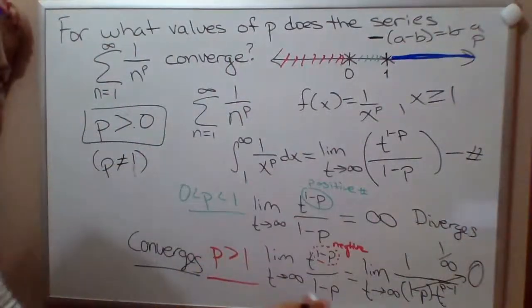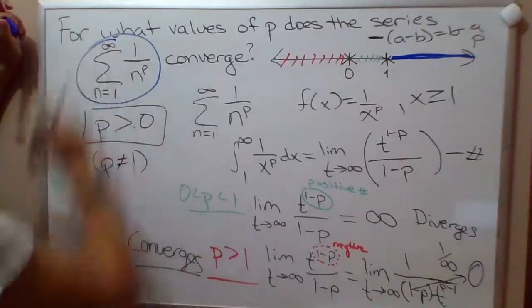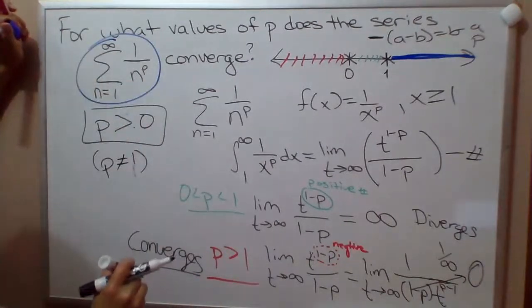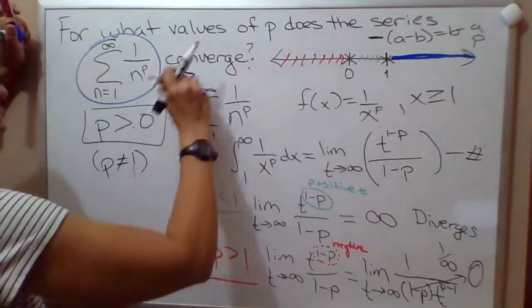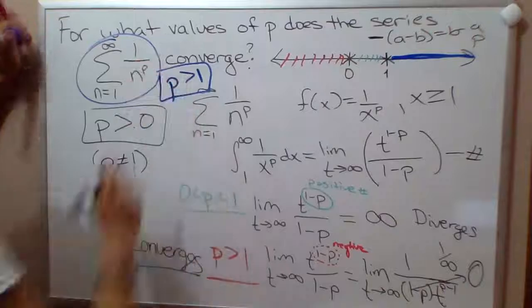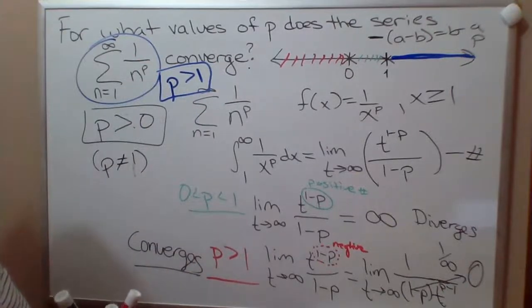But it's a consequence of the integral test, that the P-series, so any series of the form 1 over n to the p, converges when p is strictly greater than 1. That's the answer. That's the result given in the P-series theorem.